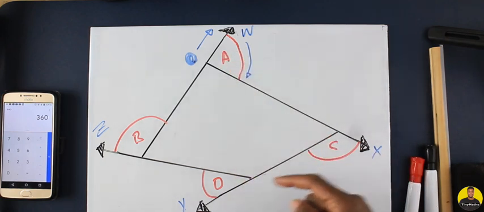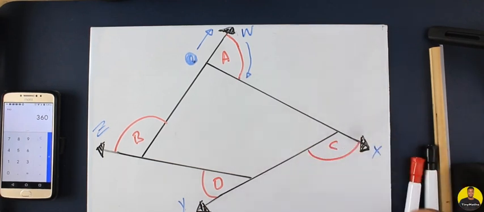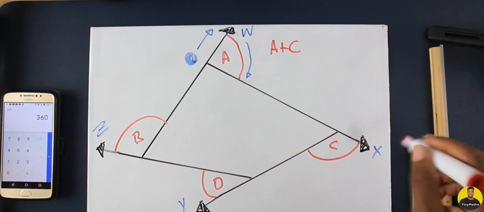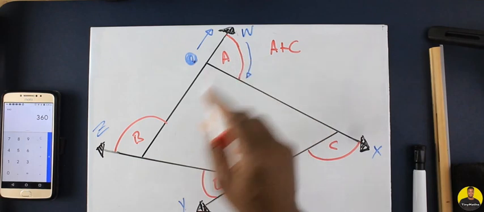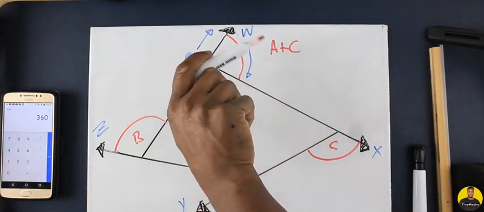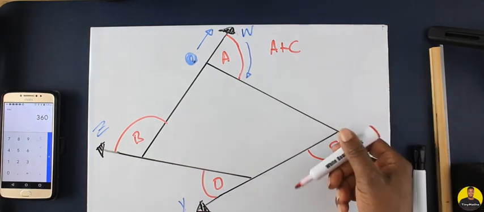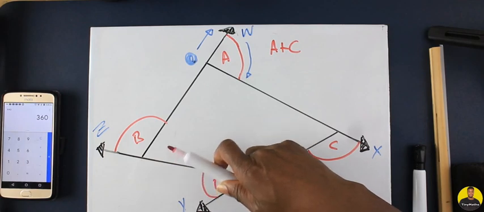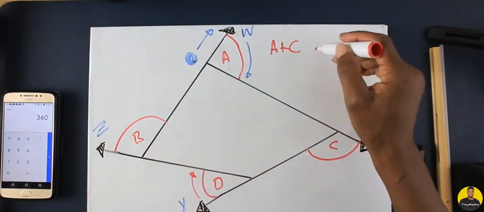If you wanted to face the direction Y now, you'd have to turn around again the angle C. So really, by turning the angle A plus C, you'll be facing the direction of Y. You're facing the direction of W, you turn the angle A, that makes you face the direction X, and on top of that you turn the angle C, that makes you face the direction Y. What if you wanted to face the direction Z? Again, you'd have to turn the angle D. You'd have to turn that much of an angle in order to face Z.